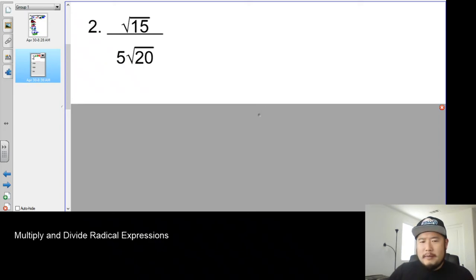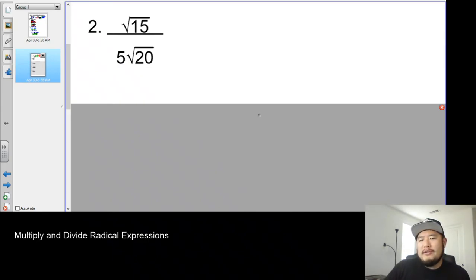In the second problem, we got ourselves 5 rad 20 in our denominator. So I did say the easiest thing to do is to multiply it by itself. So I can multiply this by 5 rad 20, but we have a very big number.